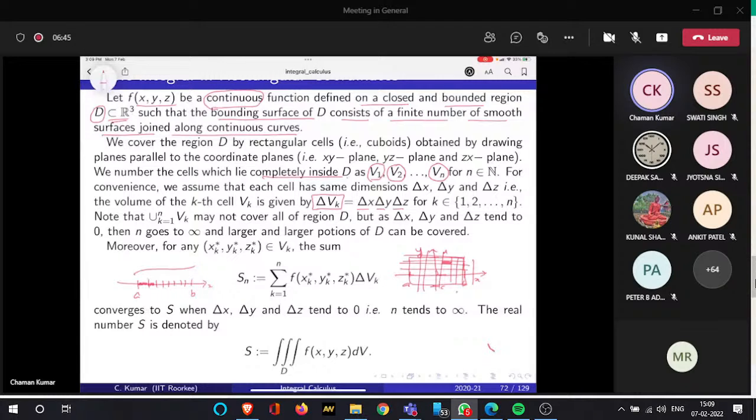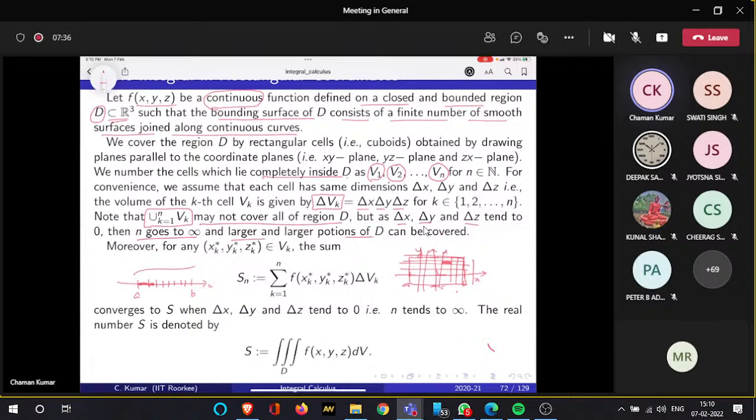And if you take the union of these rectangular cells, then the union may not cover the entire region D. But when you refine your partition, which means delta x, delta y, and delta z tend to 0, which also means n goes to infinity, that means the number of rectangular cells goes to infinity, then larger and larger portions of D can be covered.